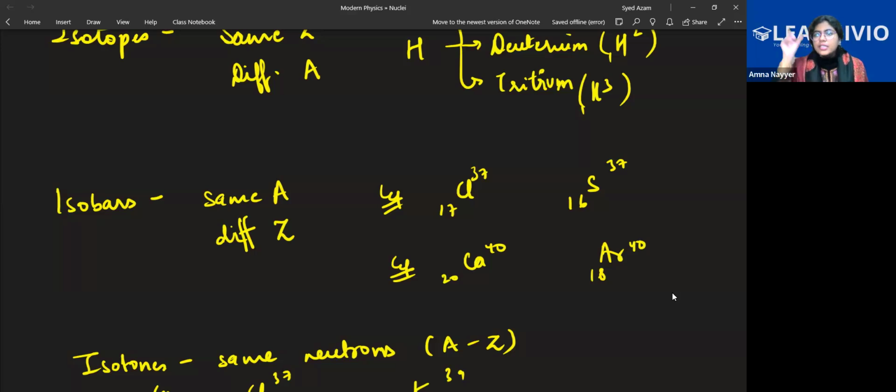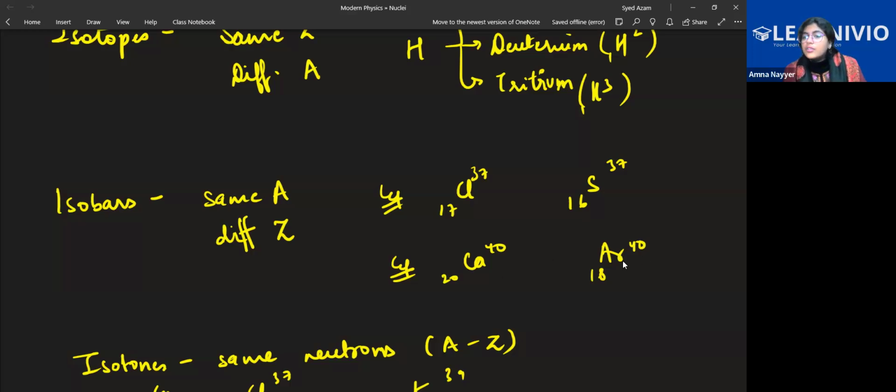In hydrogen the mass numbers were different, but now the mass number will be the same while different atomic numbers exist, like chlorine and sulfur. You must have heard about their masses from your periodic table and used it in your chemistry also. So 37, 37 is fixed, but sulfur comes just before chlorine, right? So this is how they are isobars.